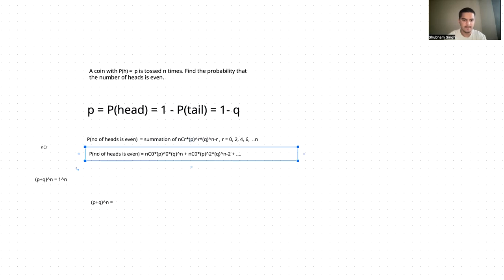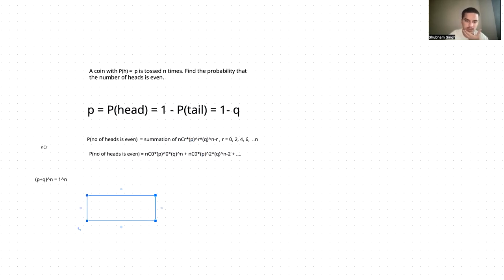And we'll also have p plus q raised to n equal to a number like this. Just note that we will be having all the values in here, not just the even values.